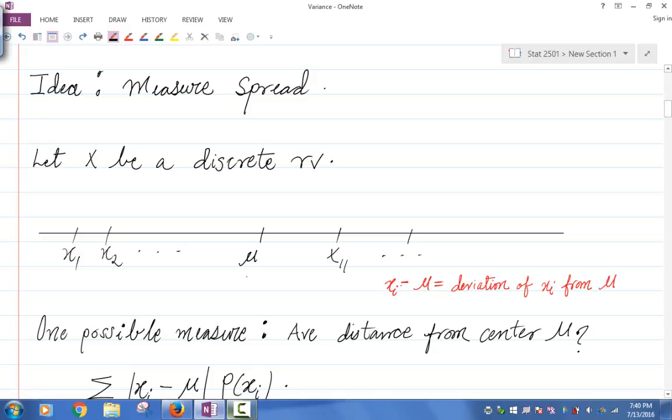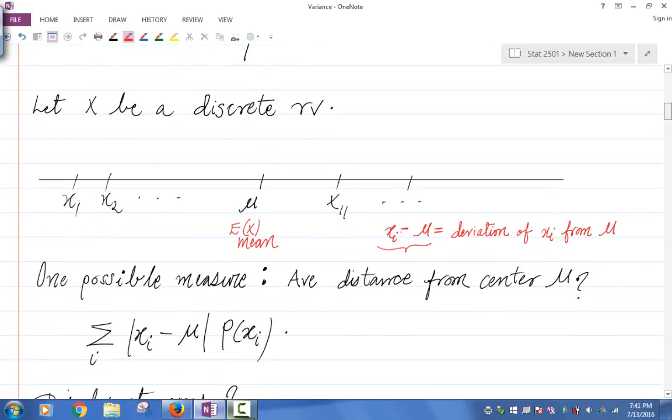Here mu is the expectation of X, or we call that the mean. Now for a given value xi of X, xi minus mu will be called the deviation of xi from the mean mu.